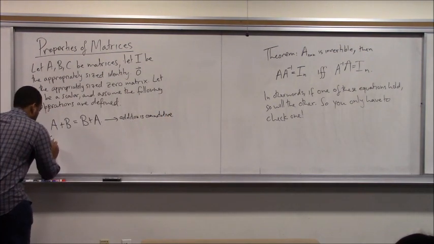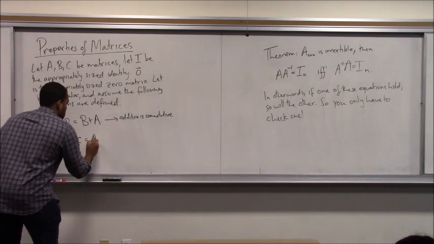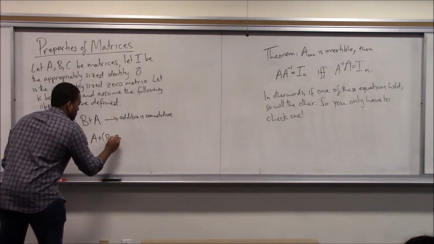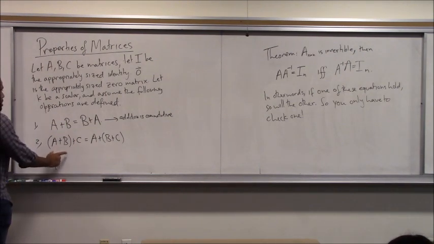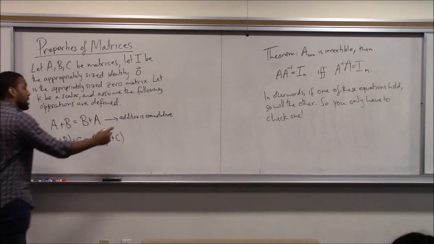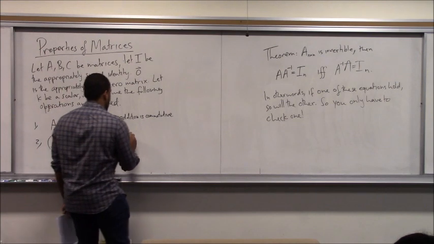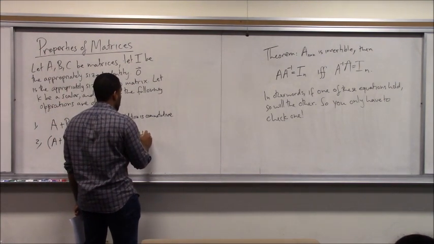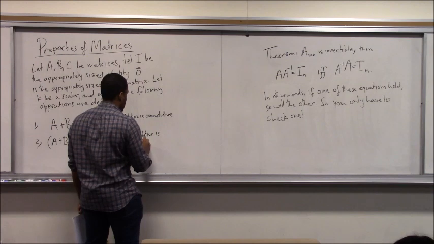It's also associative. So if you want to add three matrices A, B, and C, you can add A and B and then add C, or you can add B and C, then add A, and you'll get the same result. This is a different property called associativity. Addition is associative.